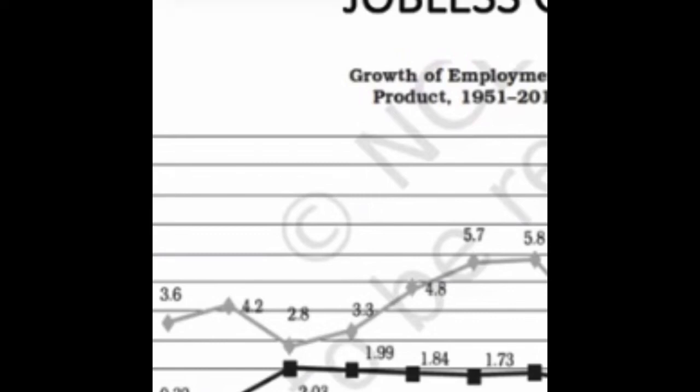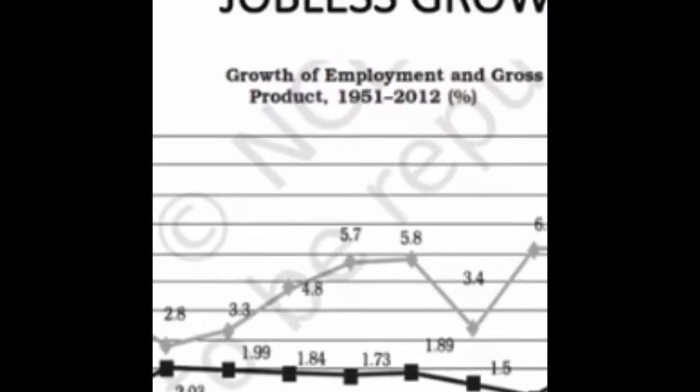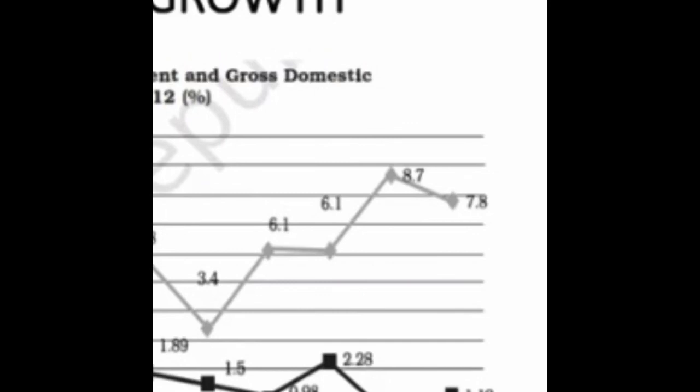Then after this period, again the gap between GDP and employment has increased over a period of time. Then in 1991, the gap between GDP growth rate and employment growth rate has reduced. We are seeing that after 1991, the gap between GDP growth rate and the growth of employment is widening.